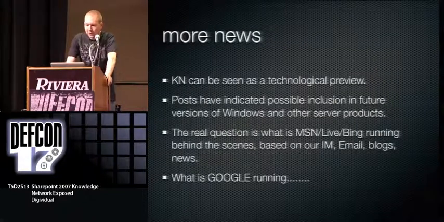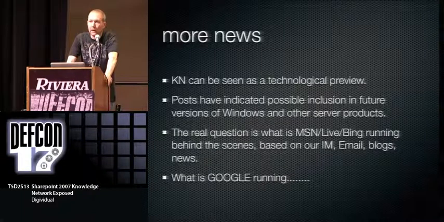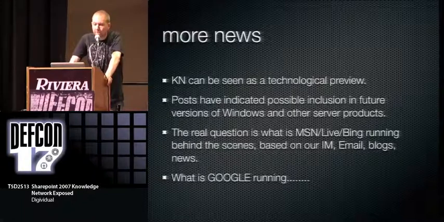So Knowledge Network can be seen as a technology preview, and it was pulled, and they never explained why it was pulled, and they had a lot of big customers who were very interested in it. It is indicated that it will be included in the new versions, and since they have this product, and it's pretty much done, I'm wondering if they don't have a much better version of it running behind Bing, to mine all of the data that they're collecting through Bing Mail.